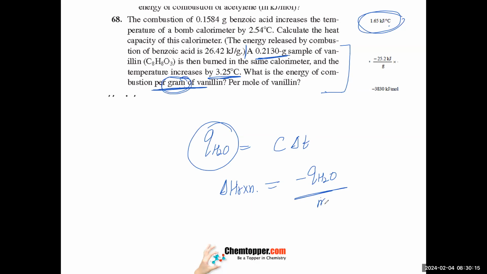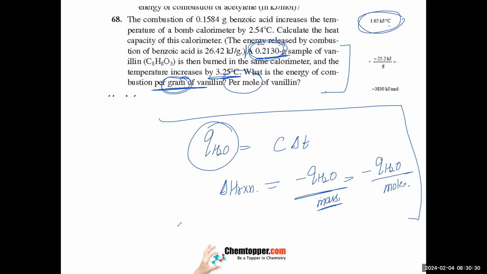So take the mass. Mass is given, see? And they are asking per mole also. So in that case, you will change the equation and convert this mass into moles. That's how you are going to work this question. Is it okay?